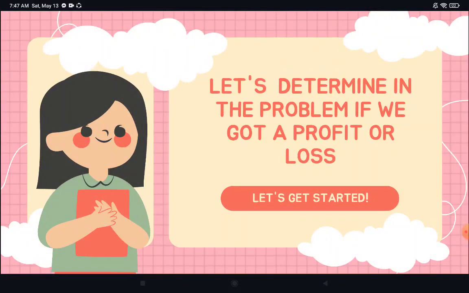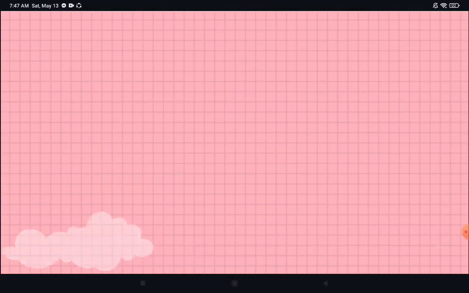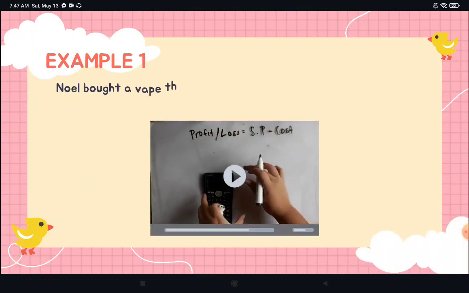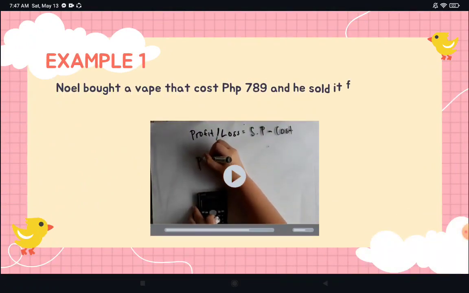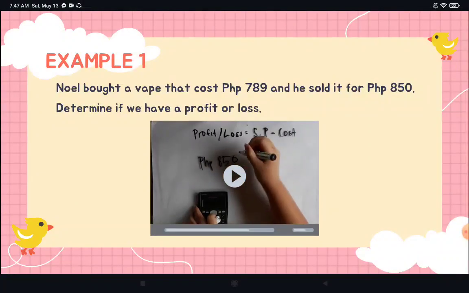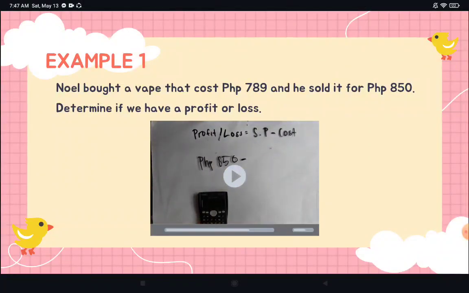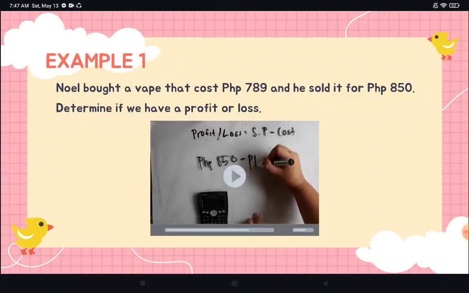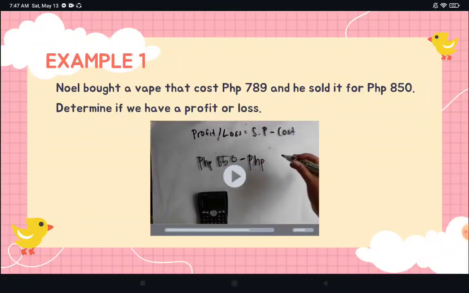Let's determine in the problem if we got a profit or loss. Let's get started. The problem is Noel bought a vape that cost 789 pesos and he sold it for 850 pesos. Determine if you have a profit or loss.